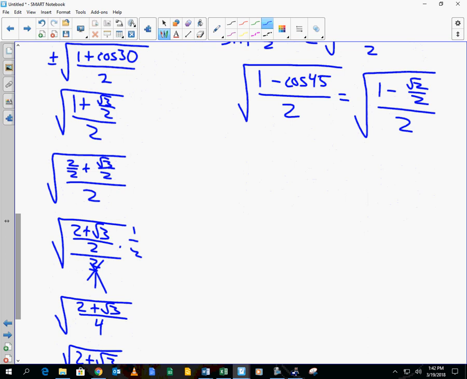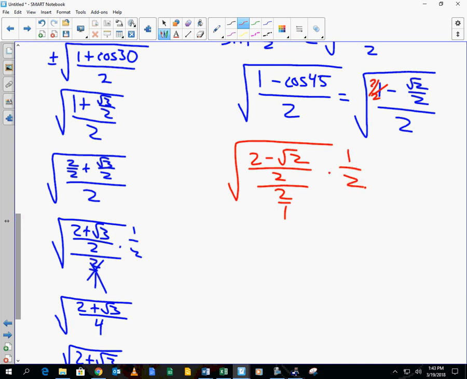Okay, so I got to combine these. Wow. So we got the square root of 2 minus root 2 over 2, all over 2, over 1. A lot of 2's in that problem, huh? So I'm going to multiply by the reciprocal.